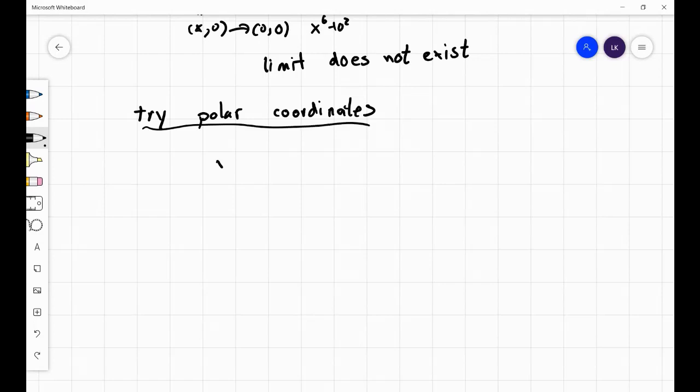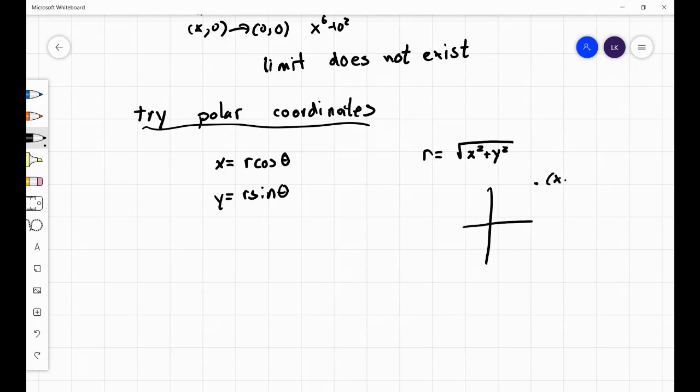Recall that x would be r times cosine theta, y is r sine theta, and in particular, notice that since r is the distance between a point (x, y) and the origin, we approach the origin if and only if r itself is approaching 0, and of course from the right, because r is positive, it's a distance.